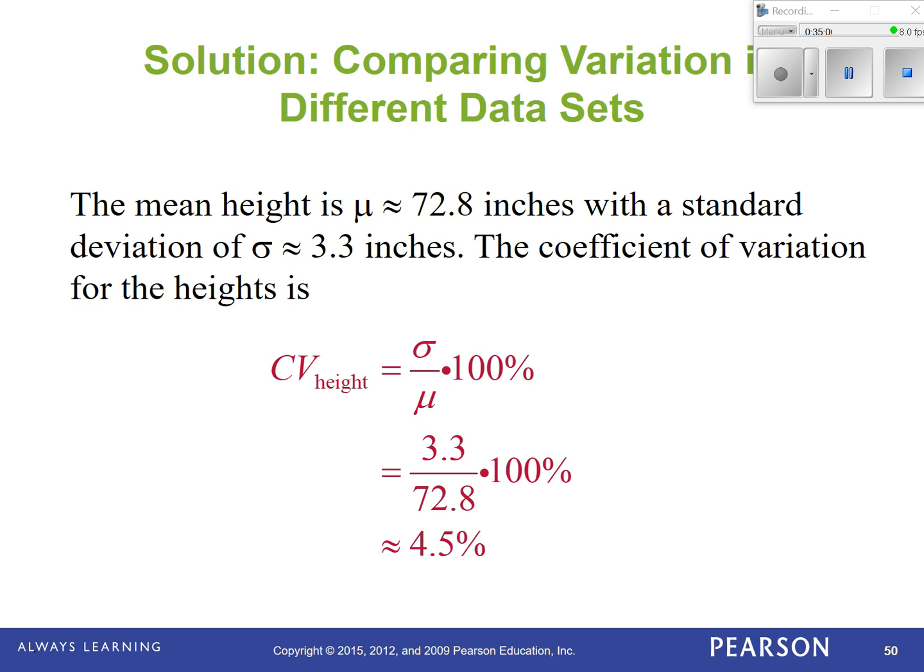So if I do the CV, the coefficient of variation for the heights, and this time we're using it as a population, so we're using sigma and mu because it's the whole basketball team. The mean height was 72.8, so that's going to go on bottom, and then the standard deviation was 3.3.